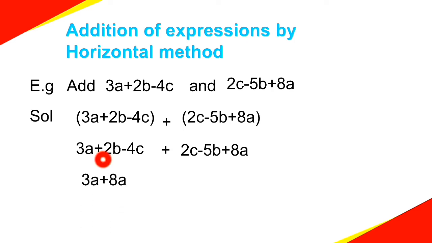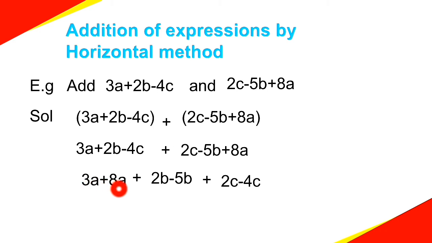So here what can we get? 3a and 8a. So you are going to write here 3a plus 8a. Next, plus 2b minus 5b. Next, plus 2c minus 4c.